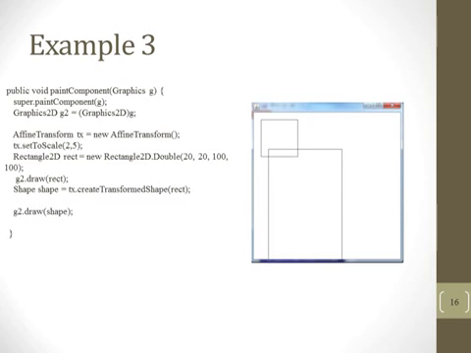Draw the initial rectangle and apply the scale transformation to the rectangle shape, and then we draw the transformed shape. Here all the four coordinates are multiplied by 2 along the x-axis and 5 along the y-axis. We don't see the whole transformed rectangle since it is out of the boundary of the graphic.